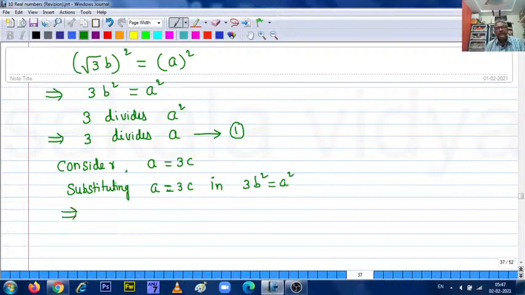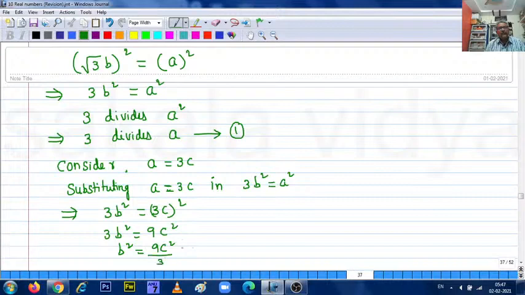In the place of this a, write down 3c. 3b square equal to 3c whole square. This is 3b square equal to 9c square. So b square equals 9c square by 3, so now we get b square is equal to 3c square.